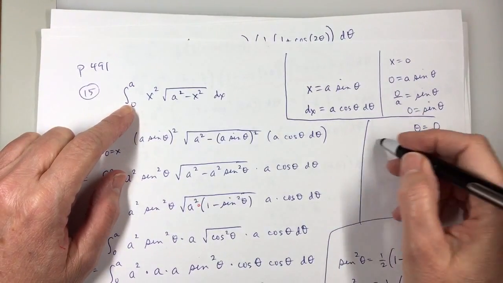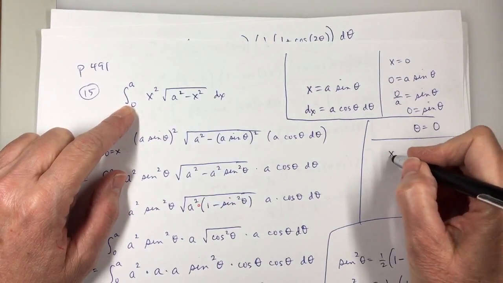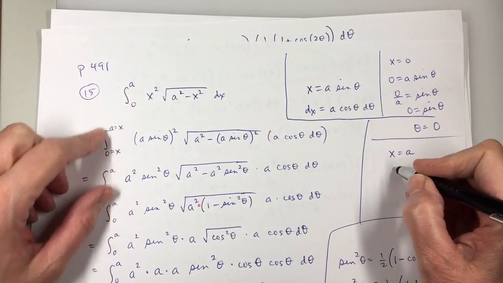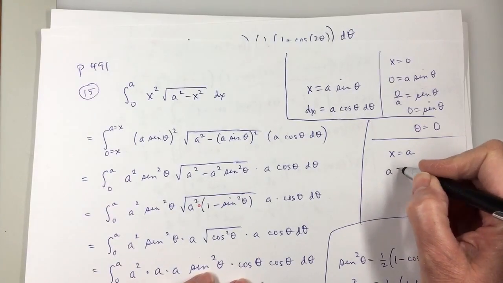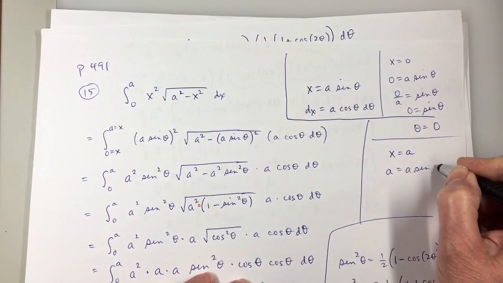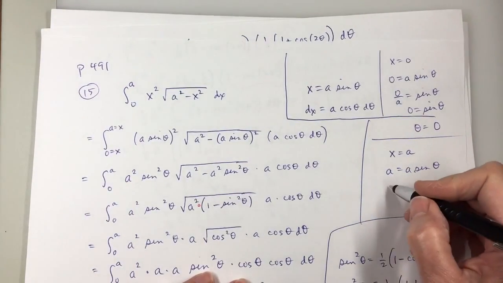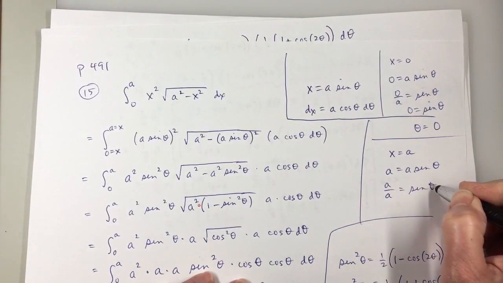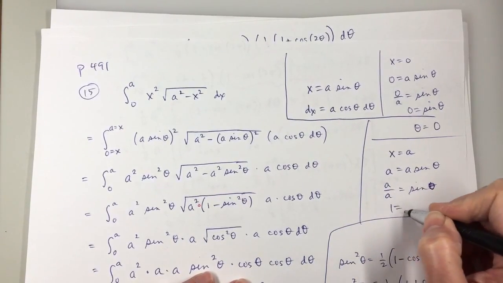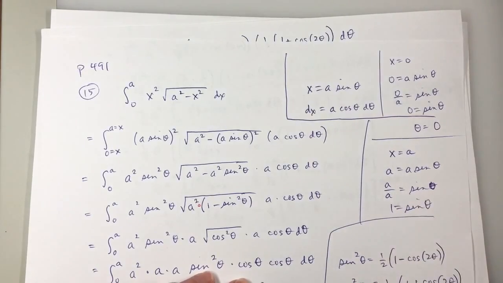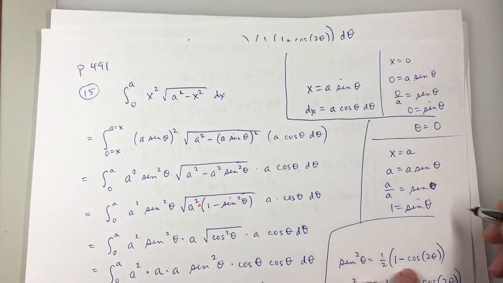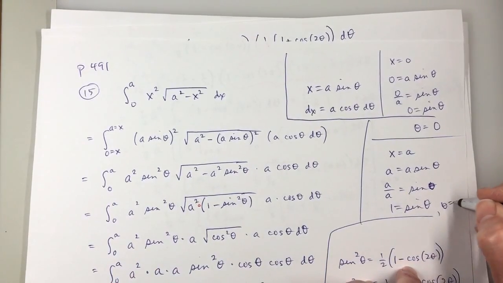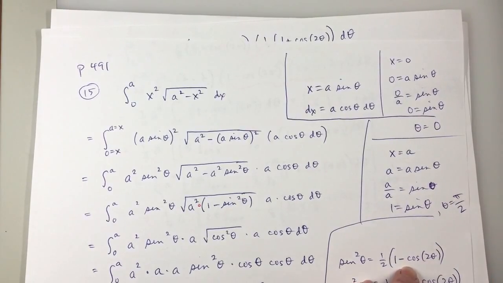What about, let me say when x equals a, then we have a equals a sine theta. Divide both sides by a. A over a is sine theta. So 1 equals sine theta. What angle? Theta is pi over 2.